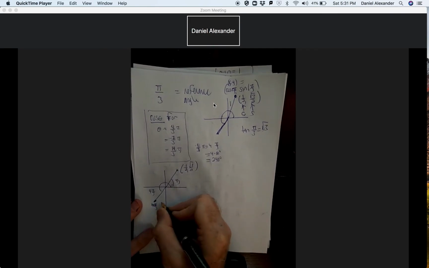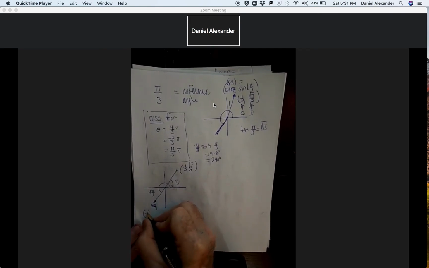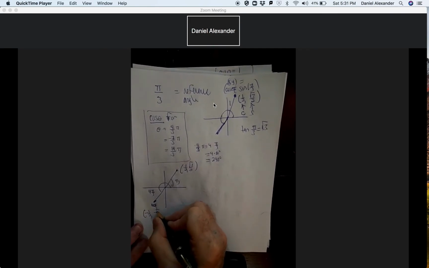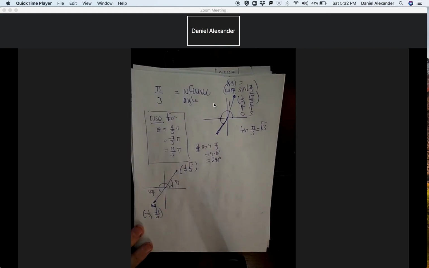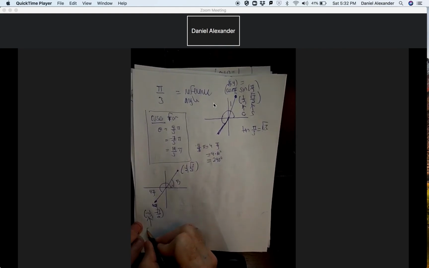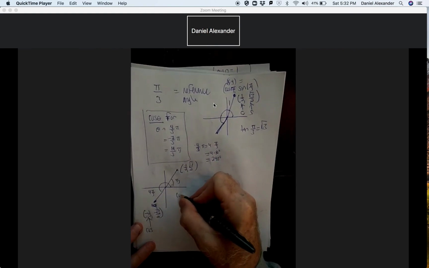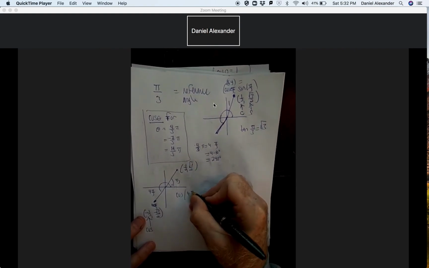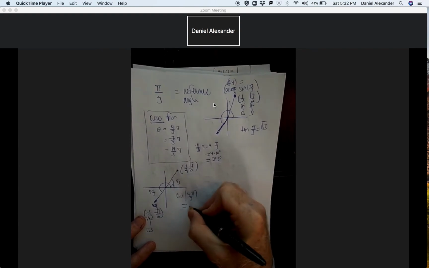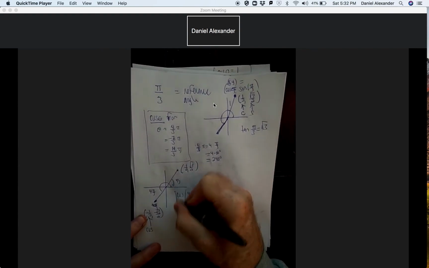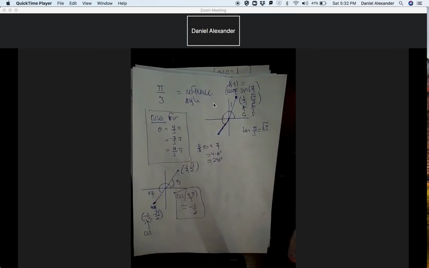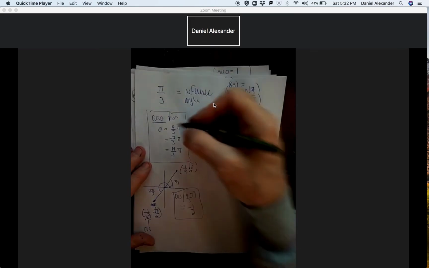So here, I'm going to have the point minus 1/2, minus square root of 3 over 2. Well, that's the cosine right there. So cosine of 4 pi over 3 is minus 1/2. So I would go write that on my sheet. Okay, so that's that one.